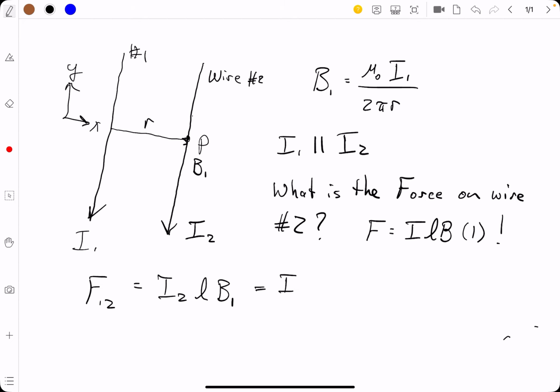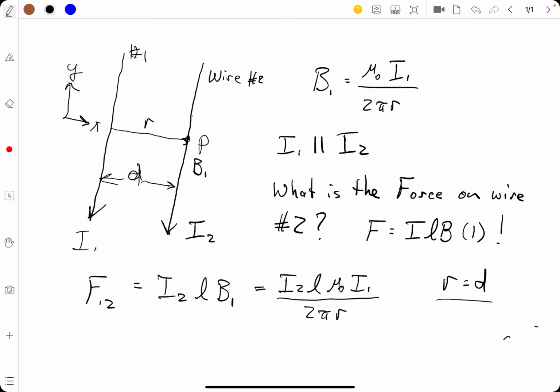So we've got I2 times L times mu naught I1 over 2 pi r. Now we can make r the distance between the two wires, because that distance is going to stay constant.